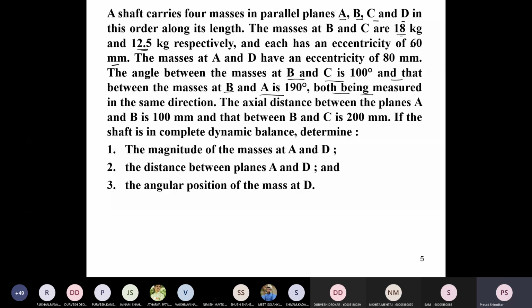So mass of B is equal to 18 kg. Mass of C is equal to 12.5 kg. Eccentricity of B, that is radius of B, called RB and RC, is equal, that is 60 mm, which is equal to 0.06 meters.